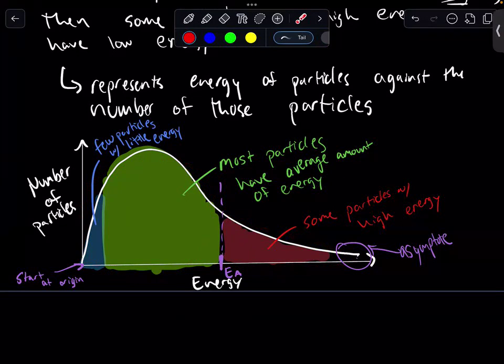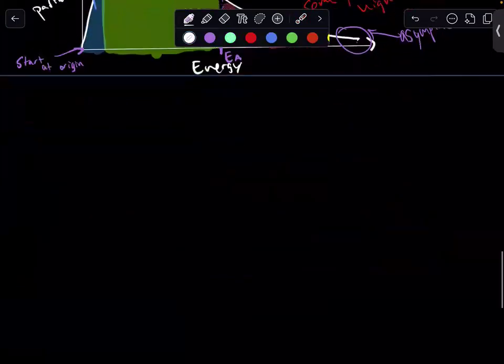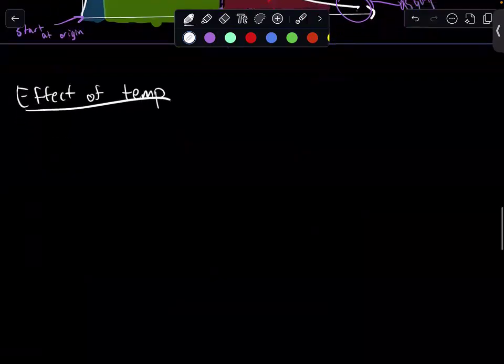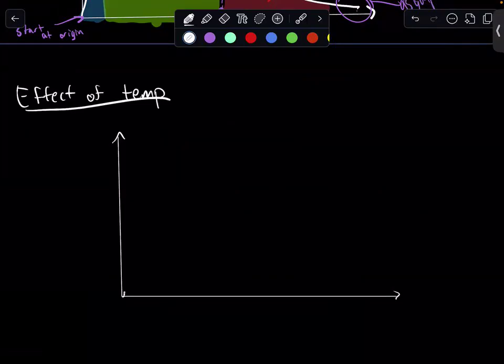The thing about it is we can now make some adjustments. This curve makes quite a few adjustments when we change one of two things, temperature or catalyst. So let's look at the effect of temperature. So if we create our Maxwell-Boltzmann distribution, and this time I'm going to be kind of lazy with it, and just our base curve looks like this. So this is just T initial.